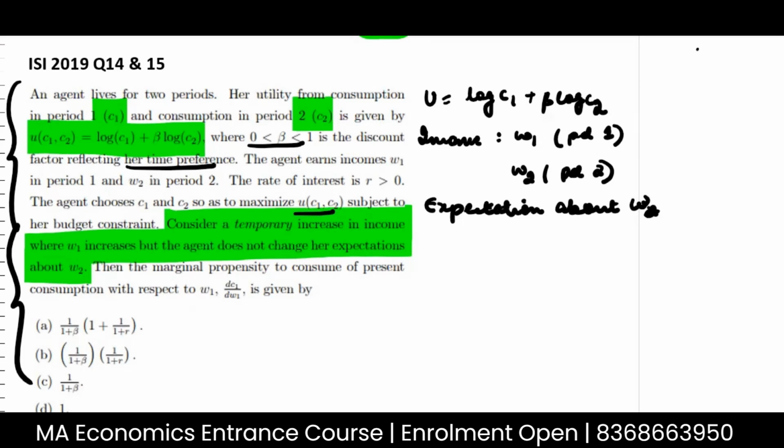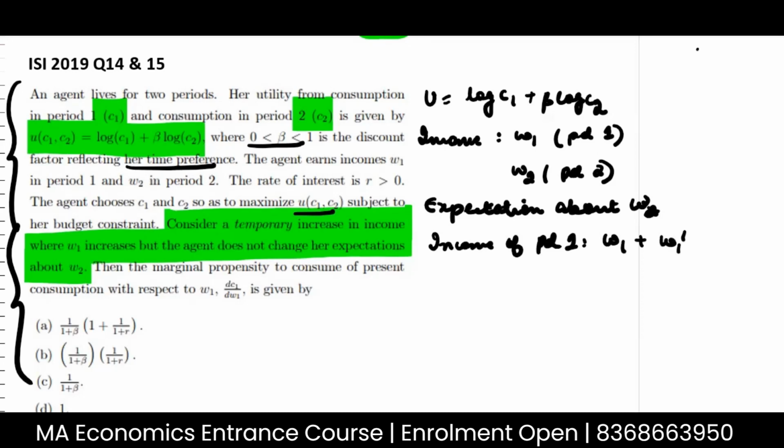So we can say that my new income of period 1 is W1 plus maybe I got some bonus, so W1 dash, I got some extra money. That's it.